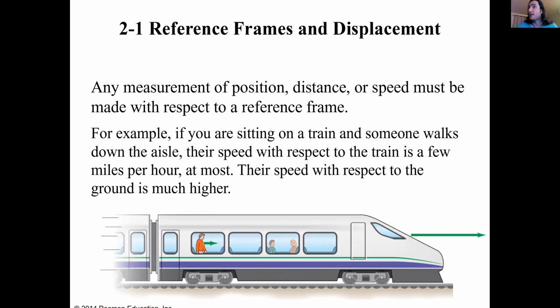And they're walking, let's say 2 miles per hour on that train. Well, then with respect to someone who is outside of that train and just standing at the train station, they would see that person pass by them at 102 miles per hour, right? You would add up those two velocities to get the velocity relative to the person at the station, okay?